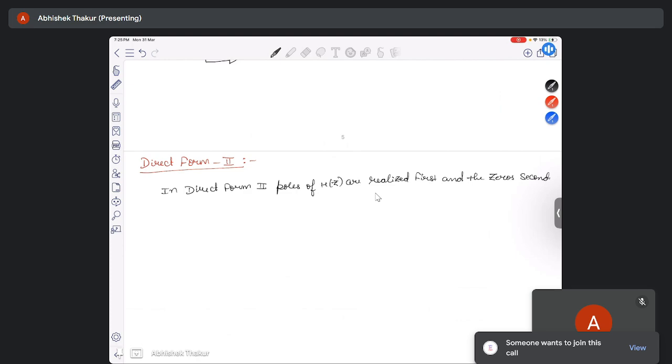So H1(z) will be 1 minus summation k equals 1 to N of a_k z to the power of minus k, and H2(z) is equal to summation b_k z to the power of minus k, k equals 0 to M.